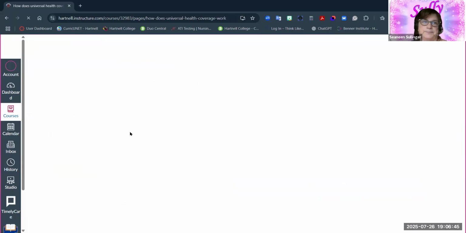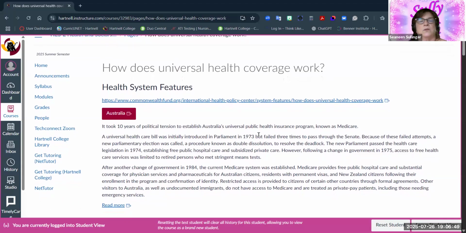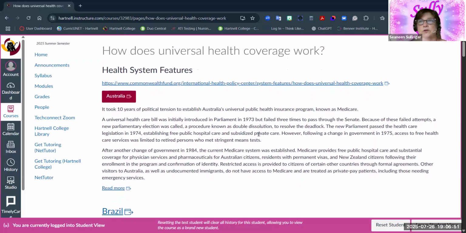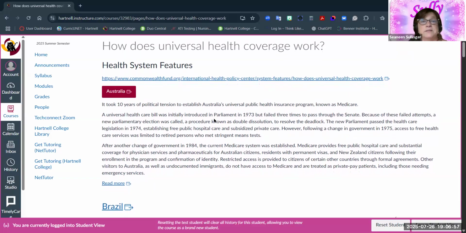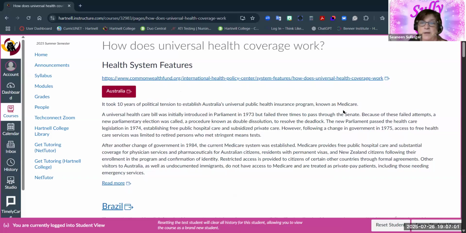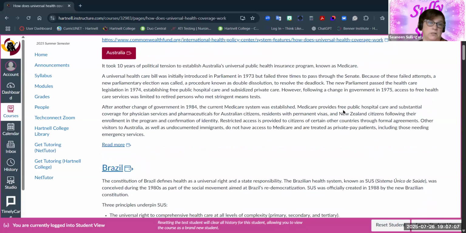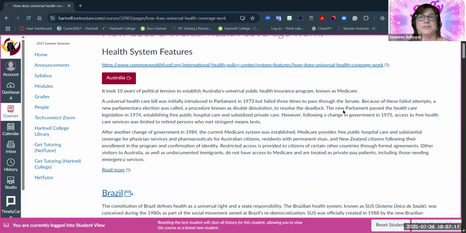That takes us to health system features. What are features of some of the health systems around the world? This article is from commonwealthfund.org, which I have used as a reference a lot in this lesson. It goes through these countries alphabetically and talks about their health system features.